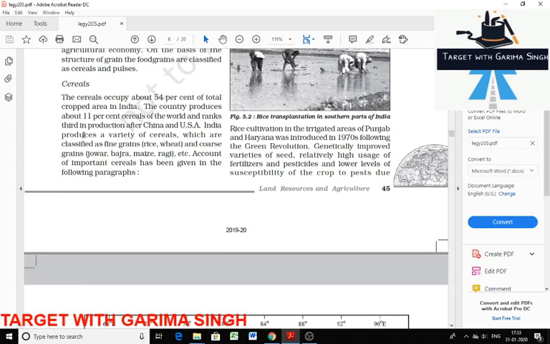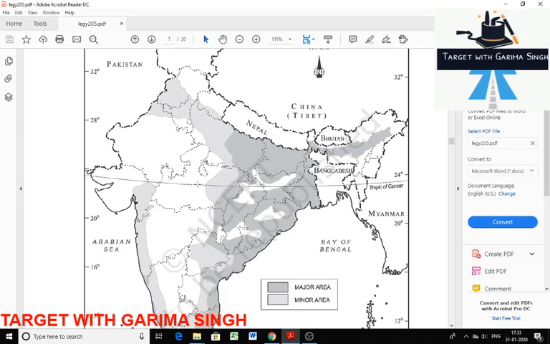In cereals, India ranks third in production after China and USA. India produces 11% of the world's cereals and covers 54% of the total cropped area, as you can see here.